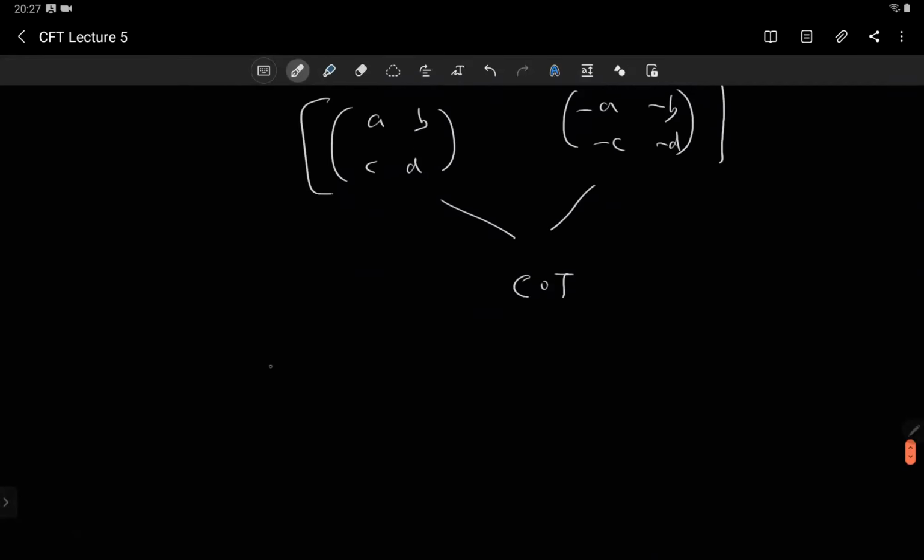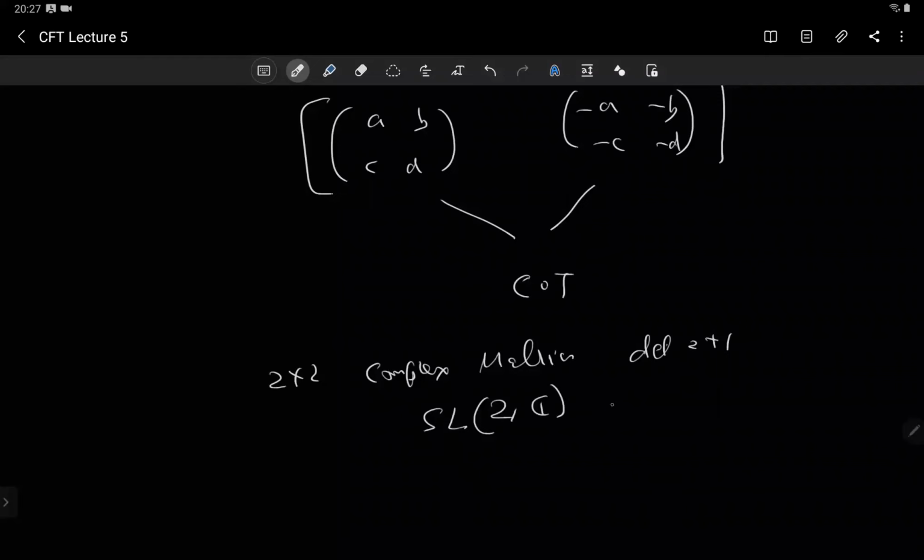Now these 2 cross 2 complex matrices with determinant +1 have a name. It is called the special linear group, SL2C. It forms a group, as we have seen, and the name is exactly the same as the way you name SO2 or SO3 or SO4 or SO31.